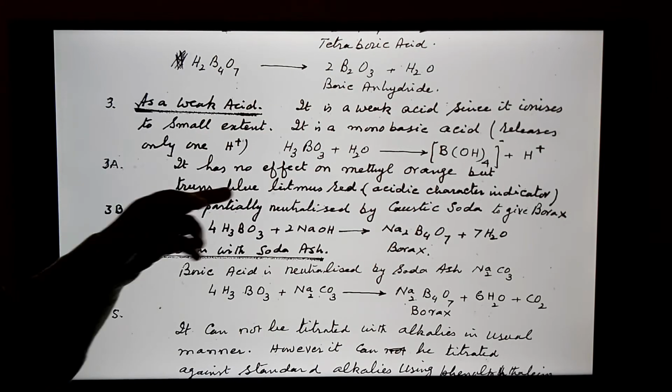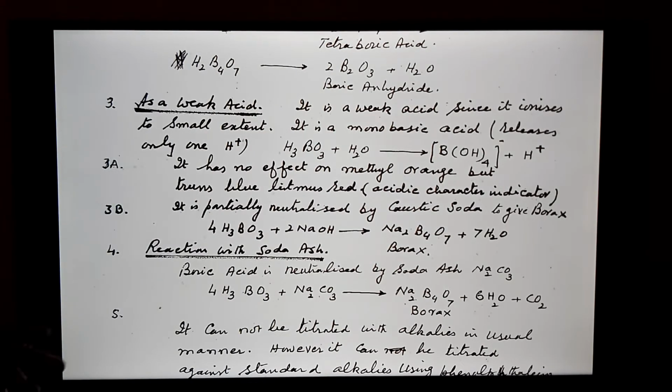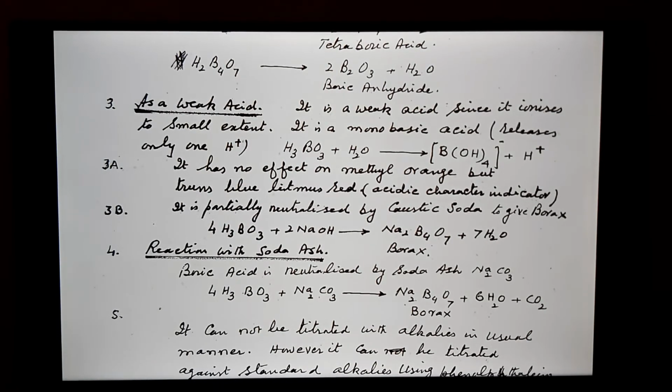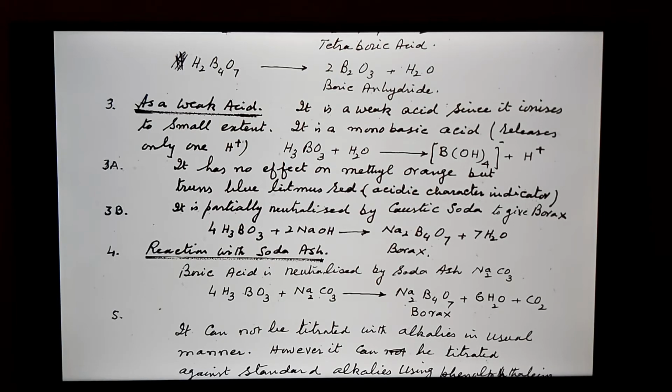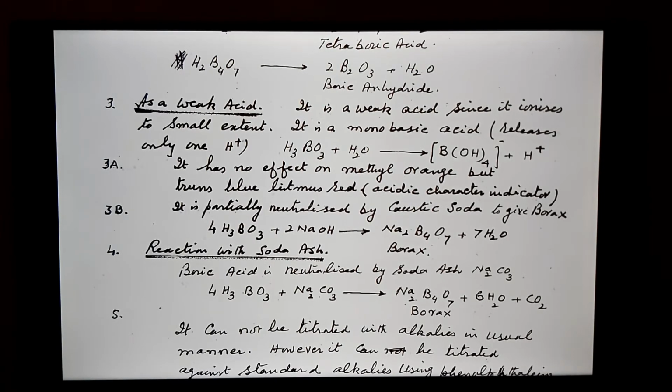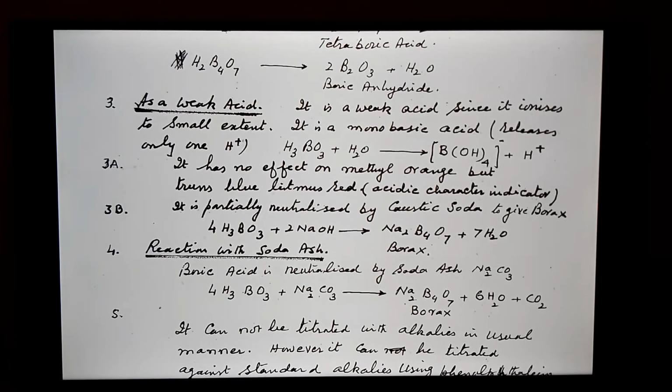It is the ion of the water which creates acidity in it. Another acidic character is that the color of methyl orange changes with acid. The acid is so weak that it has no effect on methyl orange indicator, but it turns blue litmus red, which is an acidic character. It is partially neutralized by caustic soda to give borax.